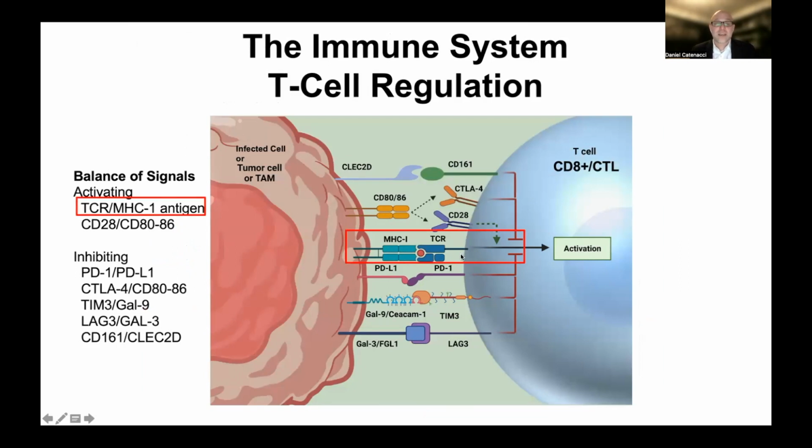We also have to take into account a whole host of other protein-protein interactions through receptors on both of the cells that can either be activating or can be inhibitory. And ultimately, it is the balance of these activating versus inhibitory signals that will then tip in favor of proliferating and activating and killing versus shutting this interaction down if there's an overwhelming amount of inhibiting molecules.